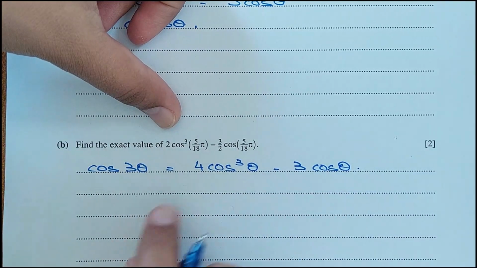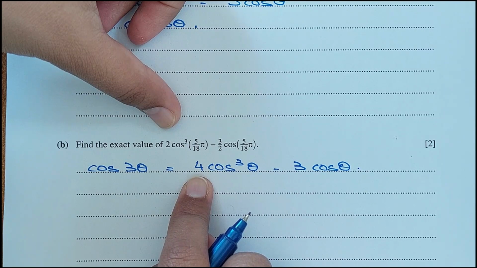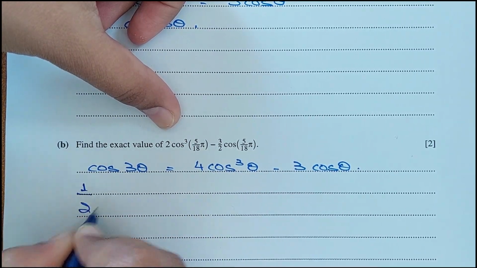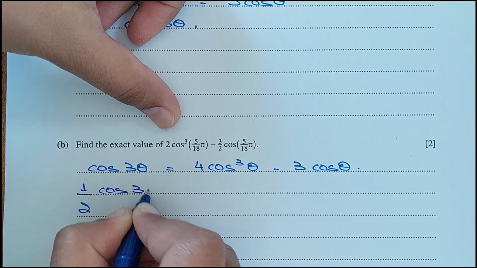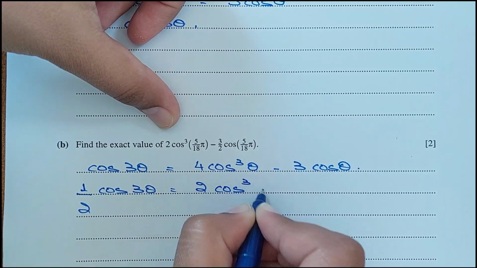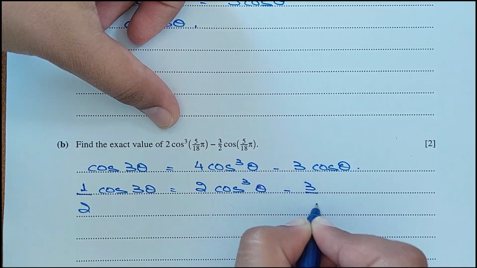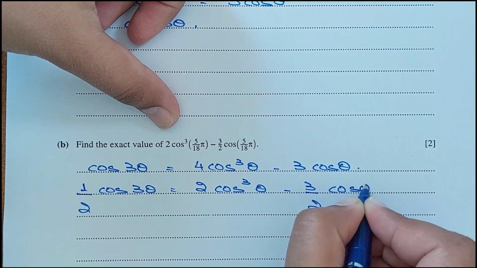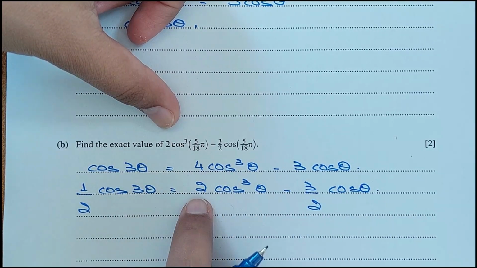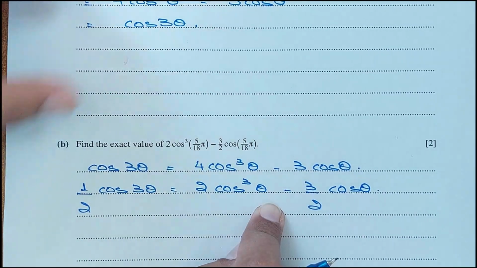If I divide by 2 on both sides, 1 by 2 cos 3 theta is 2 cos cube theta minus 3 by 2 cos theta. All right, minus 3 by 2 cos of something plus 2 cos cube of something, right?